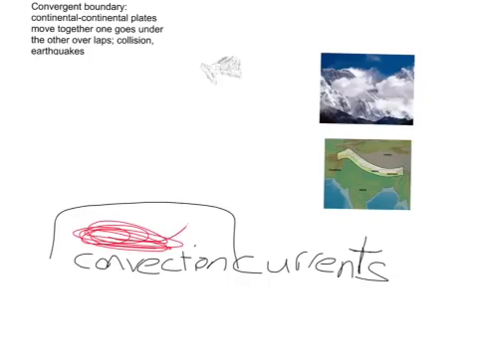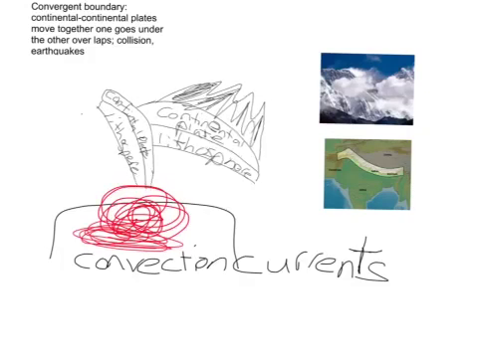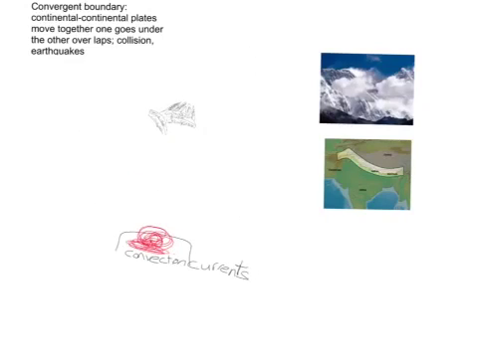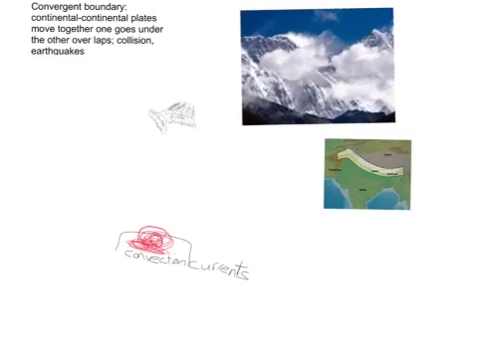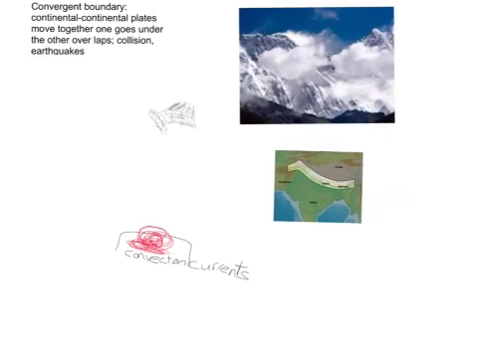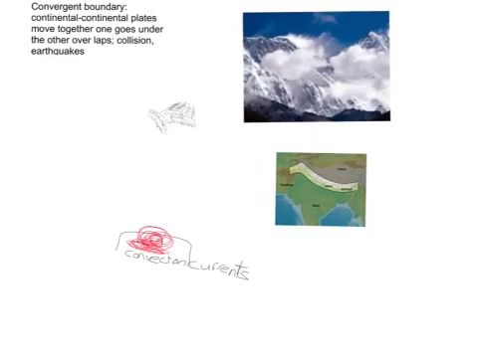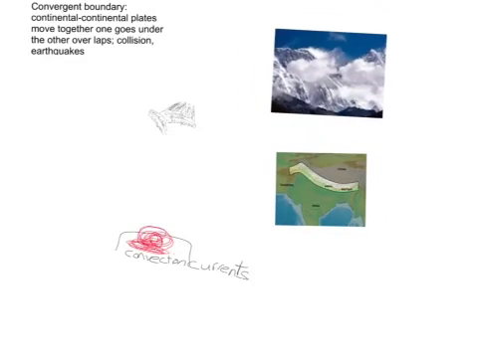They boil over. The magma right here boils over, and then it will cause this to happen. An example of this is the Himalaya Mountains right here, which is pretty much Nepal and a little bit of India and China. And they also cause earthquakes.